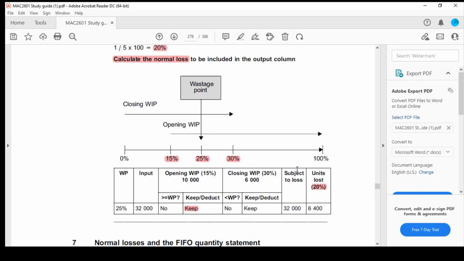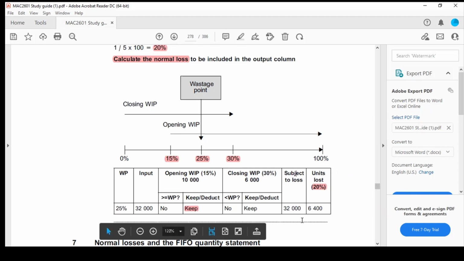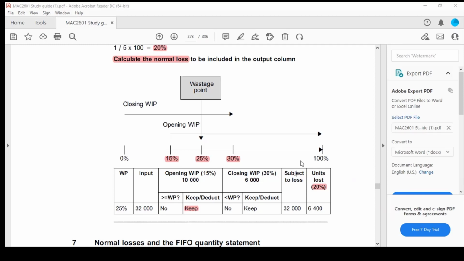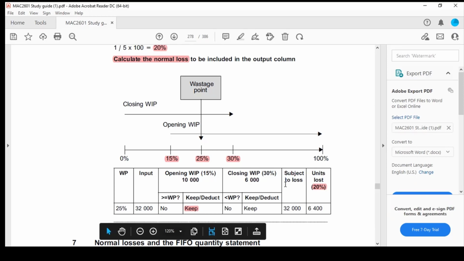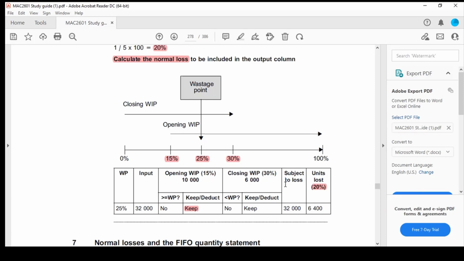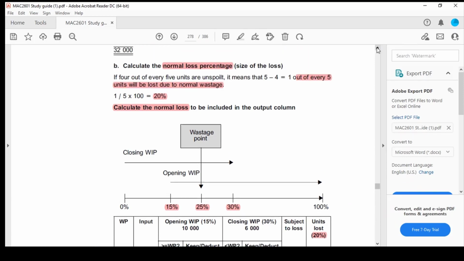Any questions? I just want to ask, with this calculation of the normal loss percentage, will they always give us a scenario, like if 4 out of 5 units were unspoiled, so they will give us the sentence and then you need to calculate?